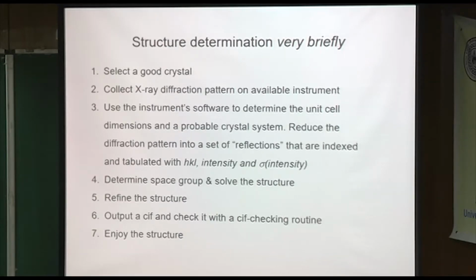In the last cycles of refinement, you introduce a line that says ACTA, and that causes it to output something called a CIF file, crystallographic information file, which has this unbelievably complicated syntax, but we're stuck with it, I think, because now the archives all have used CIF since about 1999, and it's too hard to change.